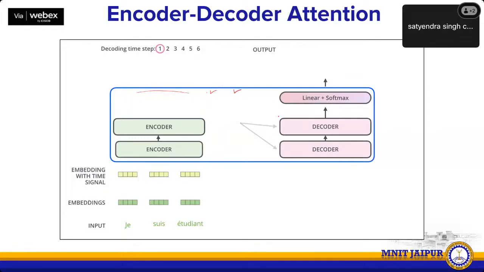That's why this layer is called encoder-decoder attention. For each token the decoder is generating, it computes the attention weights over the entire input sequence it has received from the encoder side, so that it focuses on the most relevant part.